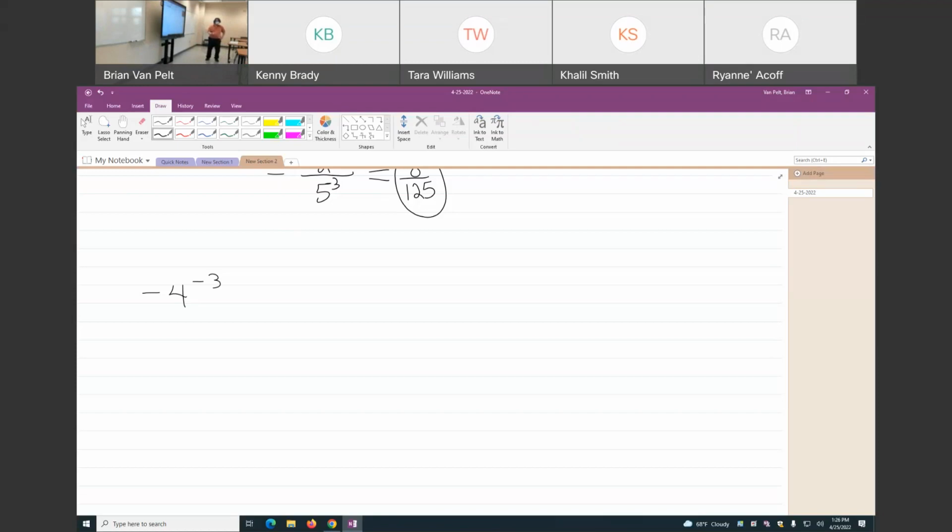Cheap. I don't care if you're cheap, but anybody think they got it? Not a lot of confidence in this room right now.